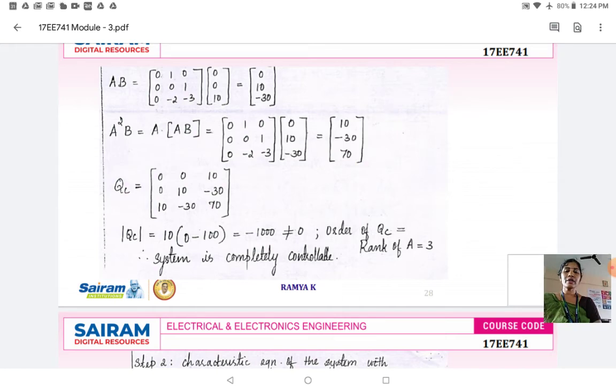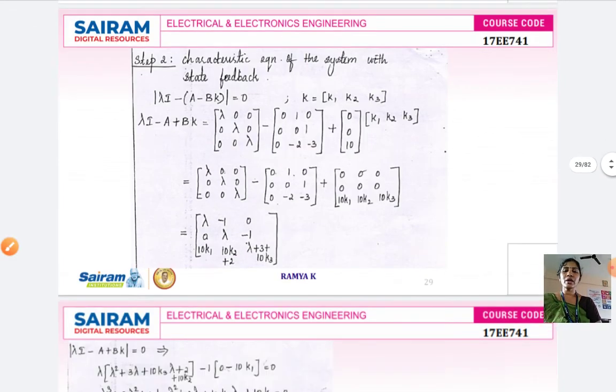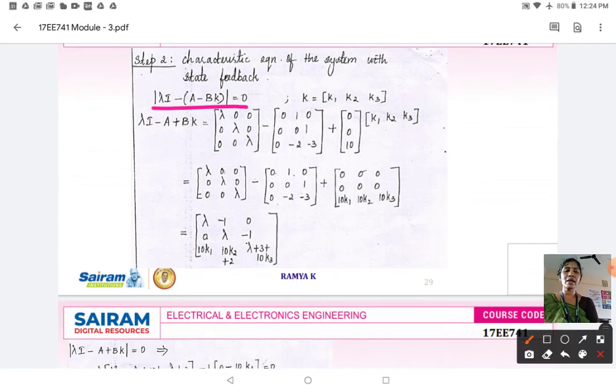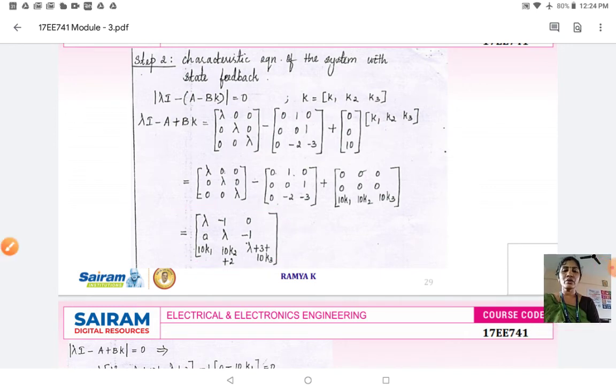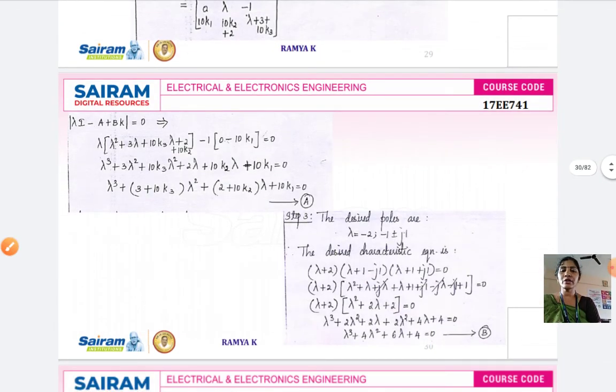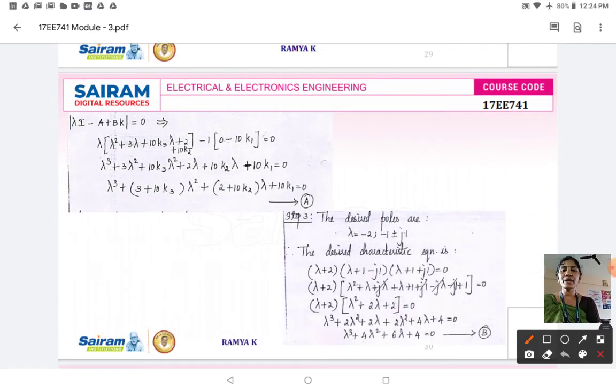So after identifying the system controllability, as we discussed, you are going to identify what is your lambda I minus A plus BK. So lambda I minus A plus BK, you got this term. Identify the determinant value. So when you identify the determinant value, you got lambda cube plus (3 plus 10k3) lambda square.